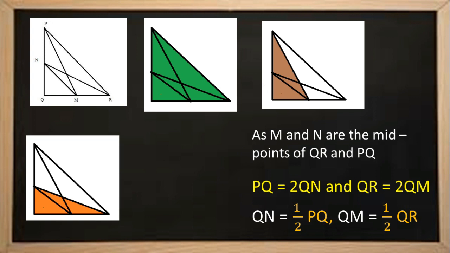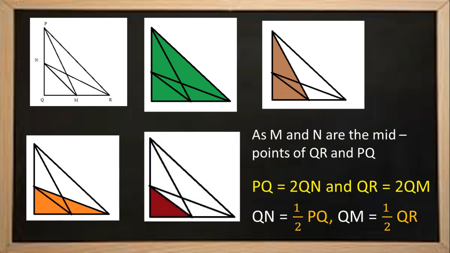Result number 3. And result number 4: the small triangle QMN, right angled at Q, we are going to obtain the result MN square is equal to QN square plus QM square. So now we have totally 4 output results of the Pythagoras theorem and 2 output results of the given statement that M and N are midpoints.